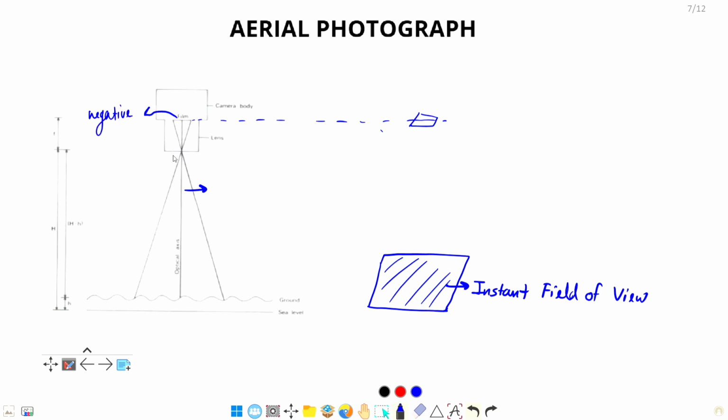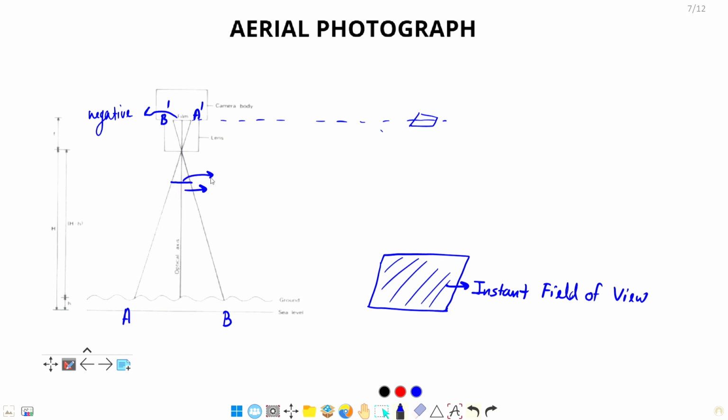For example, I am writing here, this is point A, this is point B. So on the negative plane, we will get A dash and B dash, opposite of the positive plane. But after processing the negative, the photograph we get in actual will be in the positive plane.